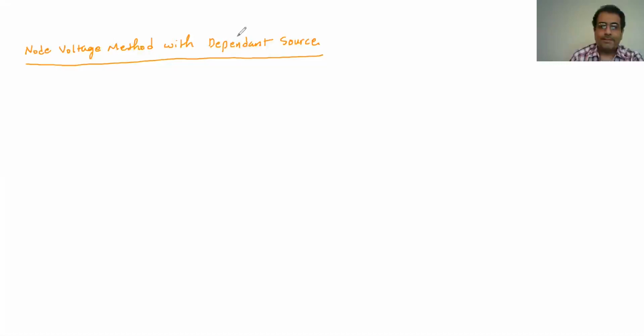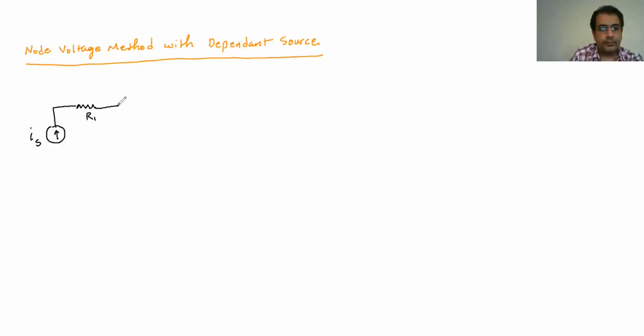Let's look at an example, so we can see how to handle that. Assume we have a circuit that has a current source. It's going to be Ix here, sorry, it's Is. It goes here, and then we have R1.